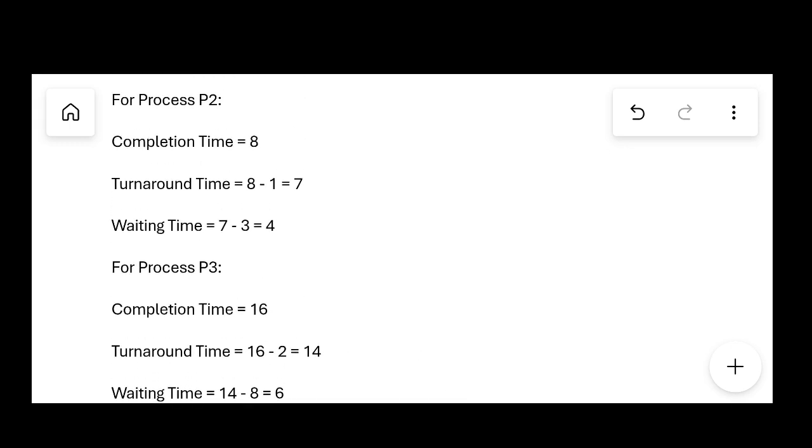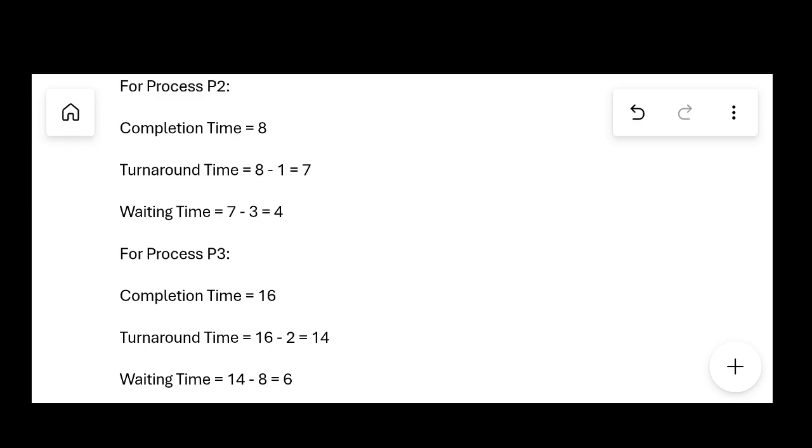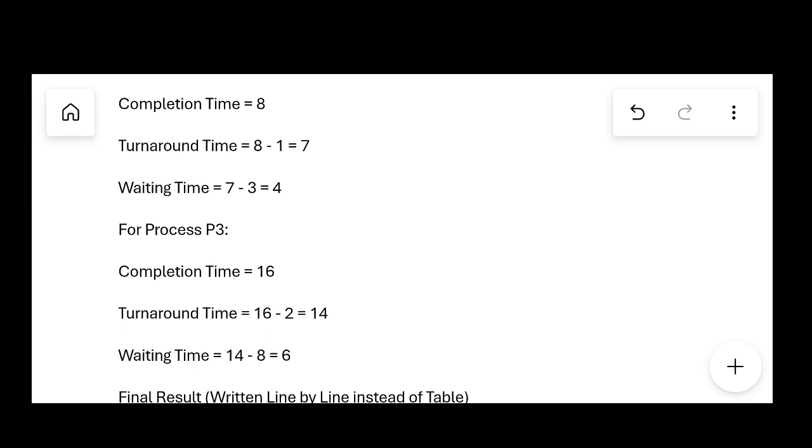For P2 it is 8 minus 1, which is 7. And for P3 it is 16 minus 2, which is 14.